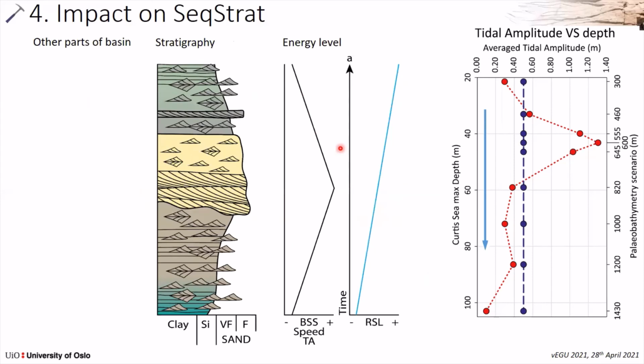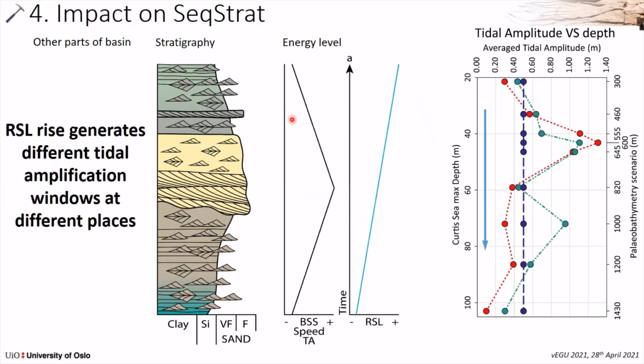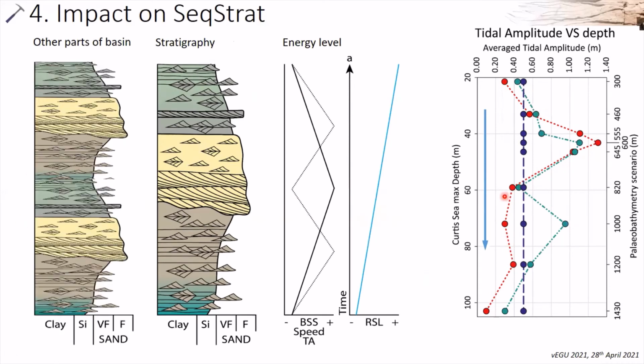But now if we add other parts of the basin as well, it further complicates the story, because that red curve was for one area, but we showed before that additional harmonics can appear in other places. Meaning that with the exact same relative sea level curve, I could have two bigrading packages, whereas in the other place I had only one. So how do you correlate these?